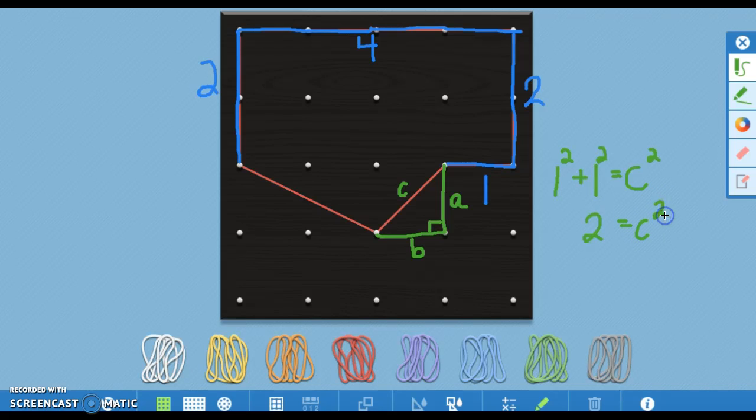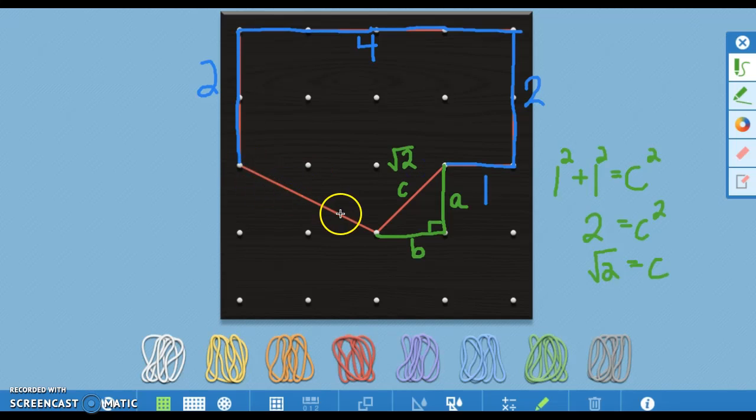And C is equal to the square root of 2. So here, I know that this side length is the square root of 2.